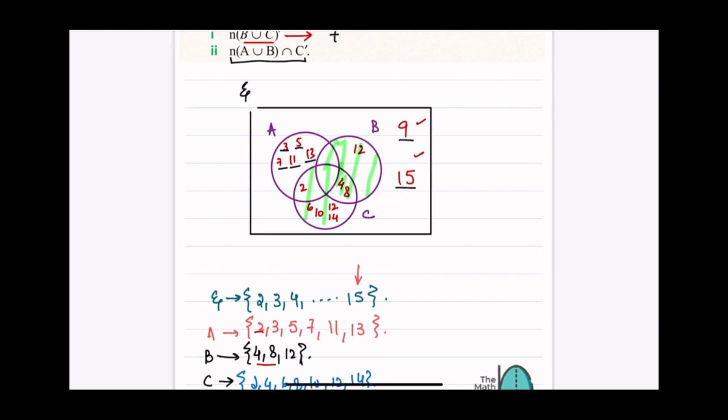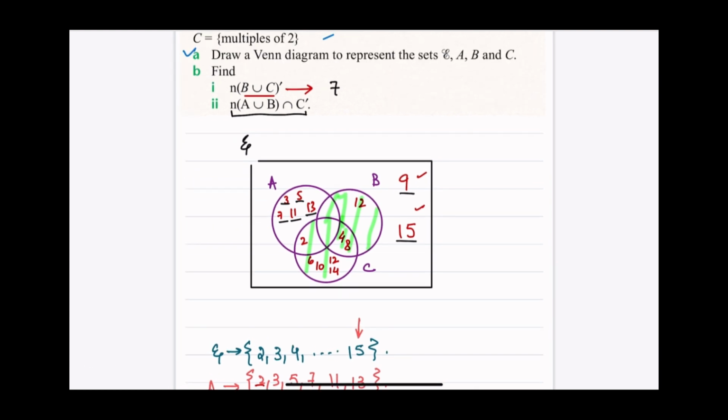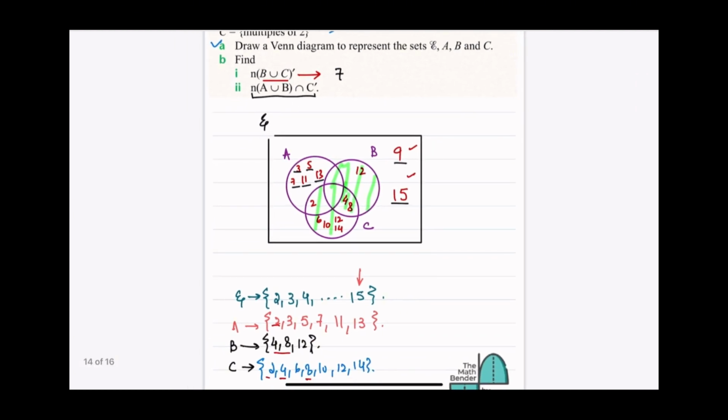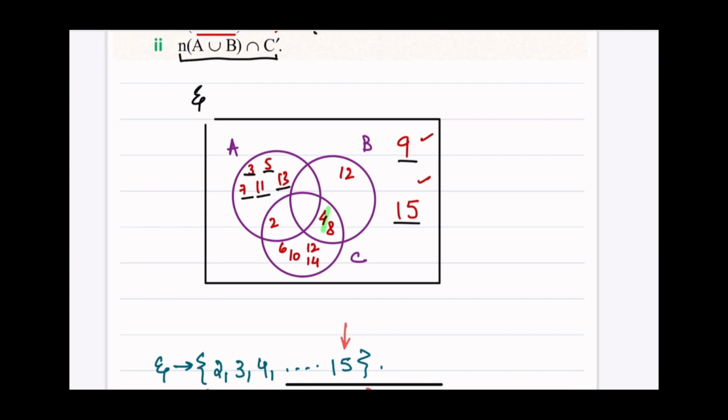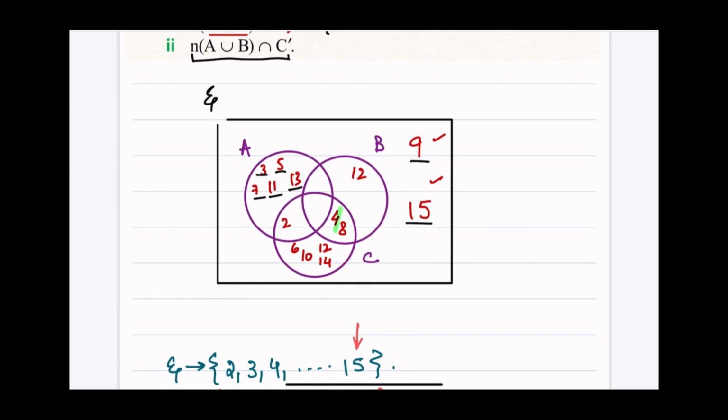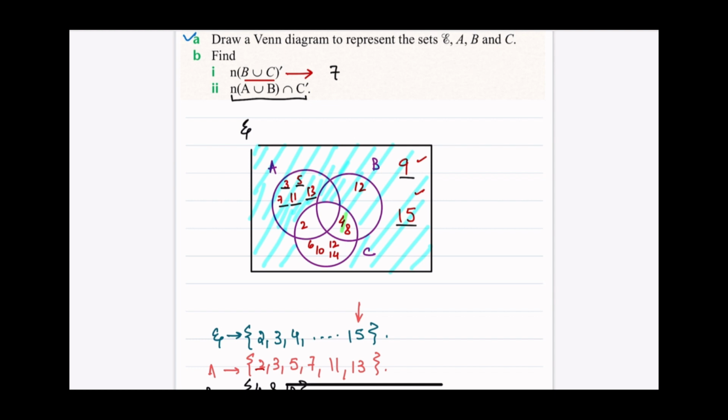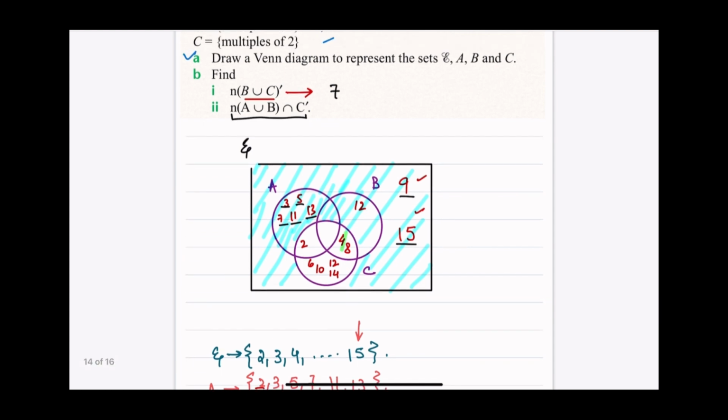Let's look at that question again. So number of elements of A union B intersection with C complement. So first step, let's shade C complement. So if I shade C complement, then everything except C. And then A union B. Now shade A union B as well.